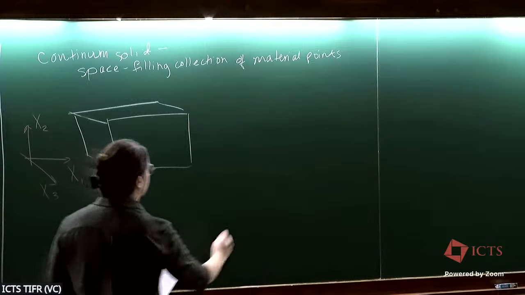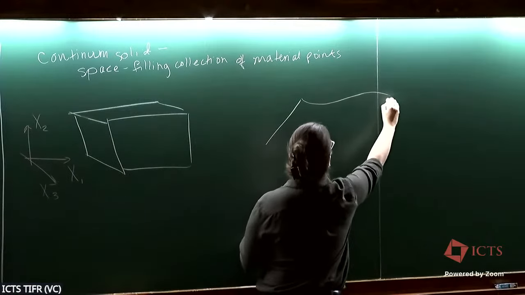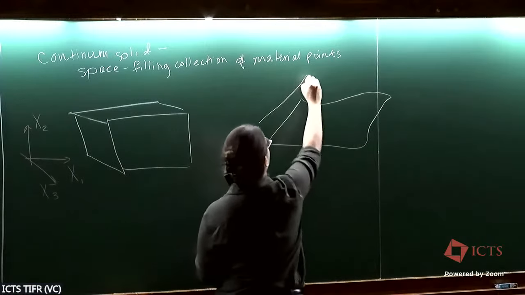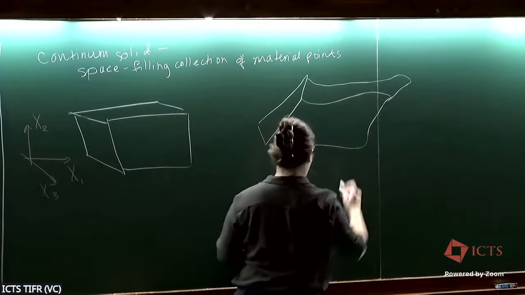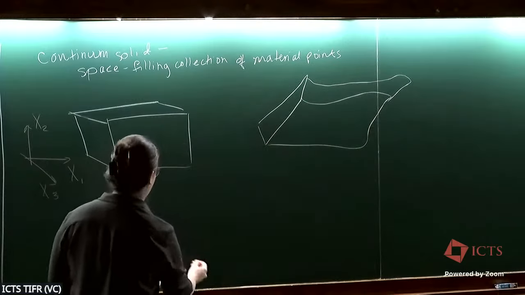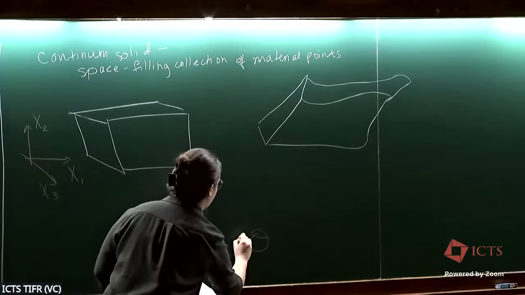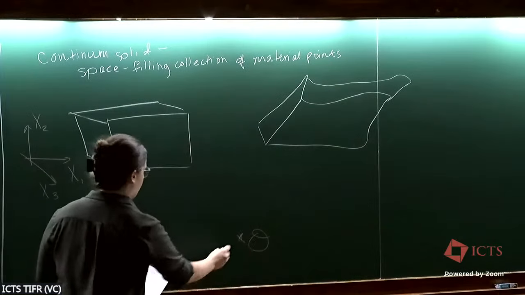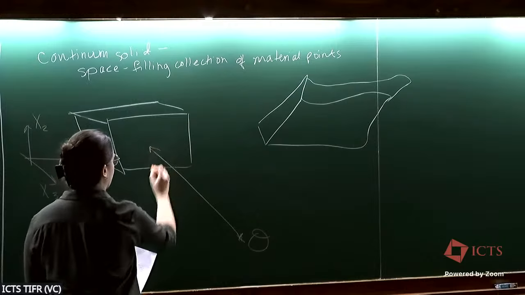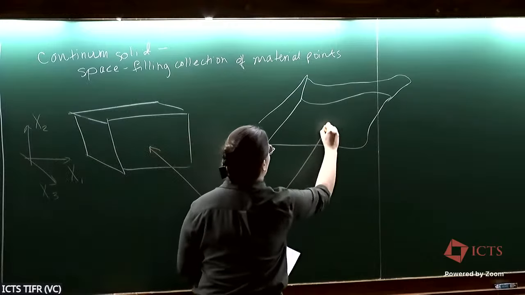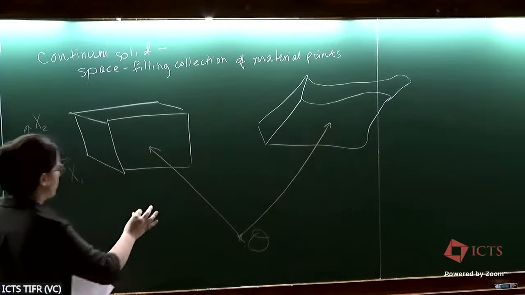Then I will also draw a deformed configuration. Now I'm going to make a choice. I'm going to define a common origin. And now using this common origin, I can locate positions in these two configurations.